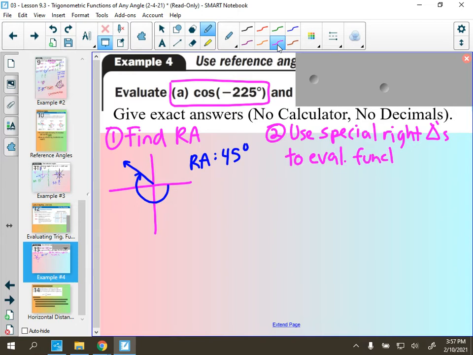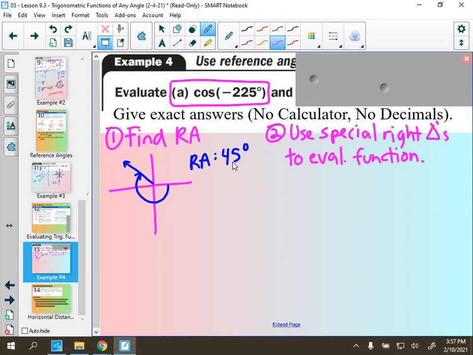And even that's like, what does that mean? Hopefully you remember that we have what we called special right triangles, or model right triangles, our 45-45-90 and our 30-60-90.